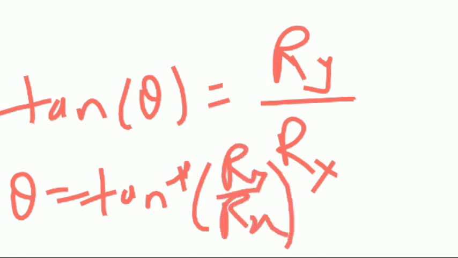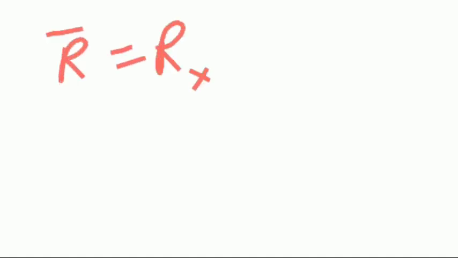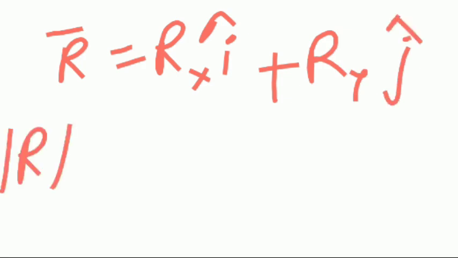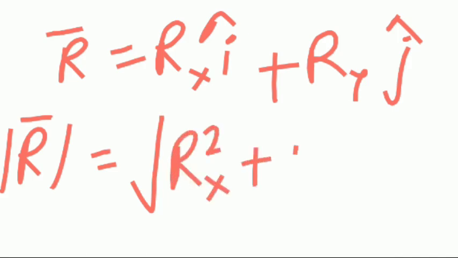Remember, when we resolve the vectors, the magnitude of the vector should not change. Suppose this is r bar and we have resolved it into rx i cap plus ry j cap. Then the magnitude of r bar must be equal to the square root of rx square plus ry square.